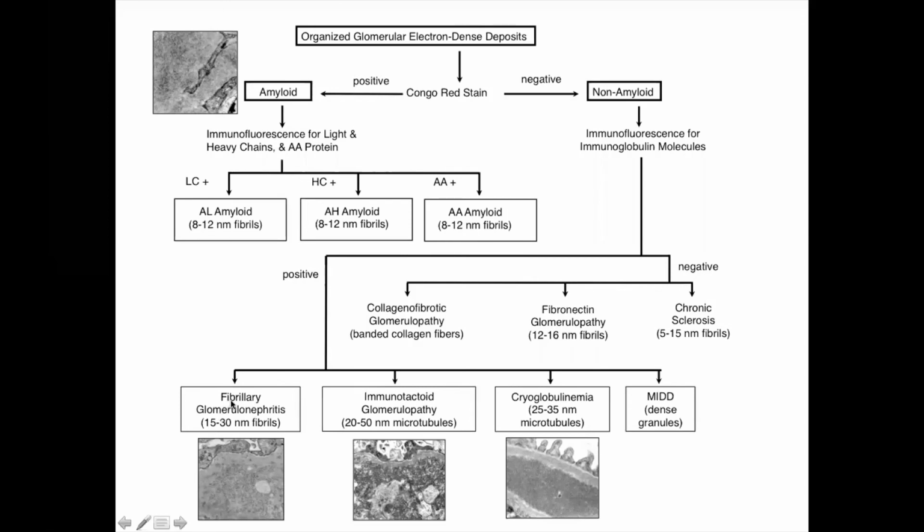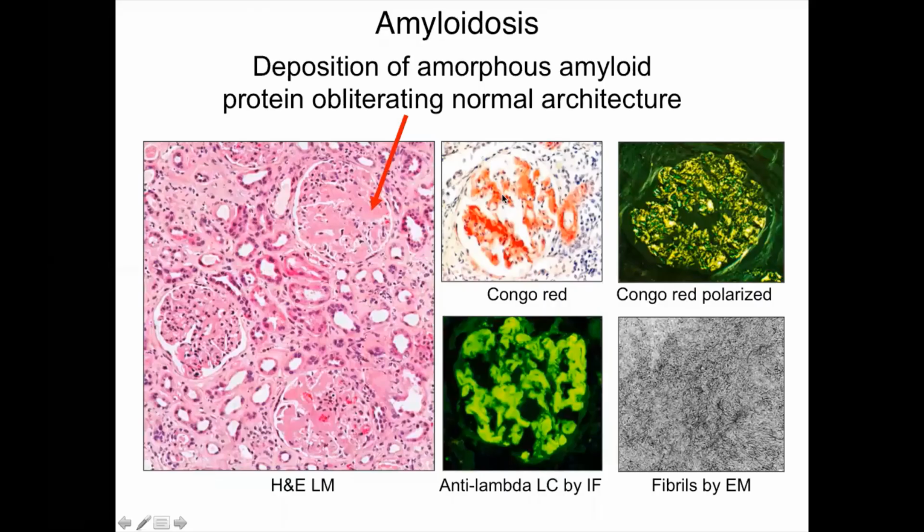And fibrillary is actually bigger than 15, about 23 to 30, and immunotactoid is much larger. So we've talked about all of this.